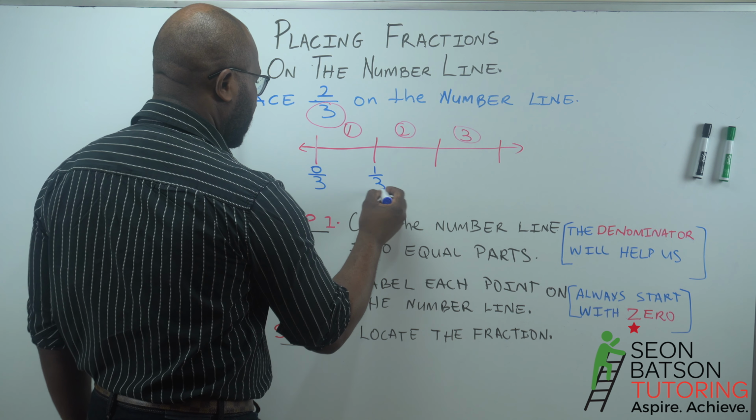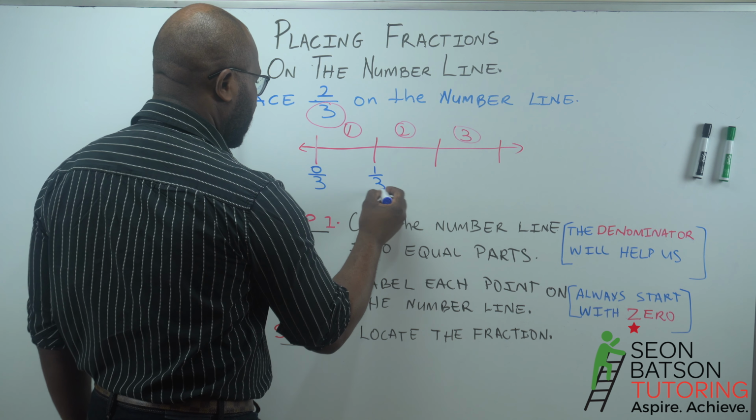So, since the denominator of this fraction is 5, we will cut our number line into 5 equal parts. So let's go. How much do I have so far? 1, 2, 3, 4. Let's do one more. 5. They are about equal, yeah? Good. So we have 1 part, 2 parts, 3, 4, 5 parts.